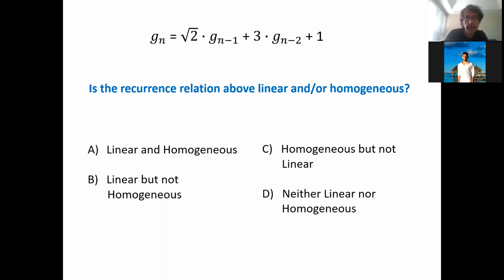Okay, let's look at how to tell linear from nonlinear, homogeneous from non-homogeneous. So how about this one? G_n is square root times G_{n-1} plus 3 times G_{n-2} plus 1. Is it linear? Is it homogeneous?